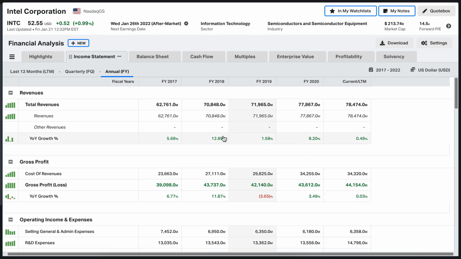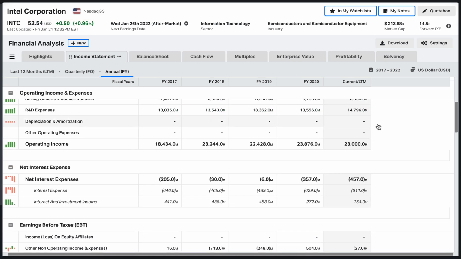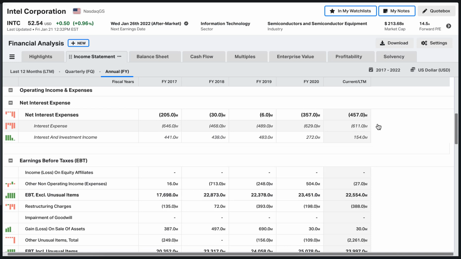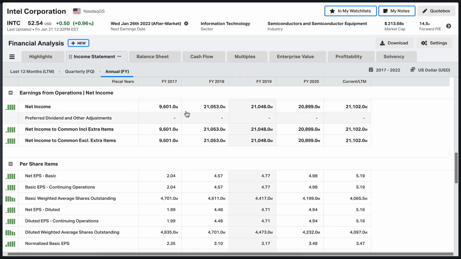So the company doesn't seem to be enjoying a lot of growth, and that's a little bit concerning with Intel. It does make a lot of money, has awesome free cash flow, but it's not growing that much. And you will see it also in the net income over here. It's about the same, basically, year over year. However, much different than 2017. But after that year, it's basically the same thing. Now, that's not necessarily bad, but it's something to account for.